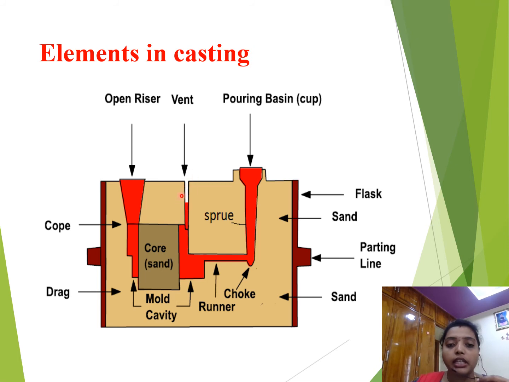That's why they keep vent holes here. These are in vertical direction. They take a rod and make the required vent holes according to the size of the casting. That one is known as the vent hole.